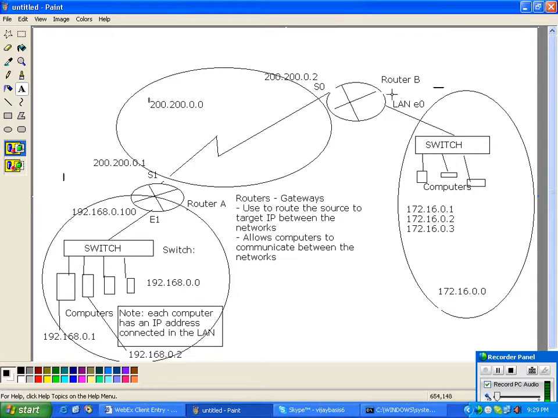So my LAN interface, the router inbound interface here, is 172.16.0.100, because it should be in the same network.